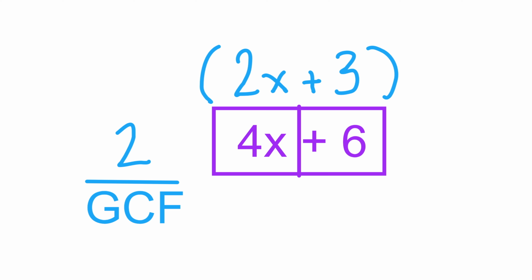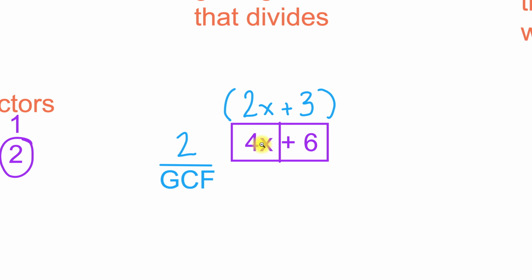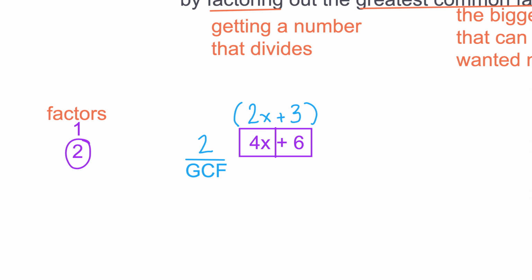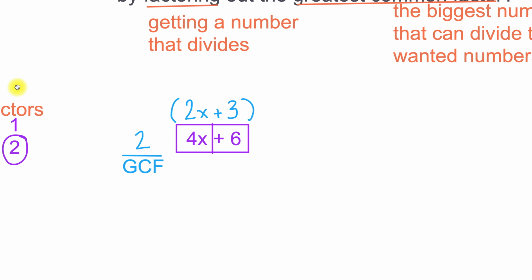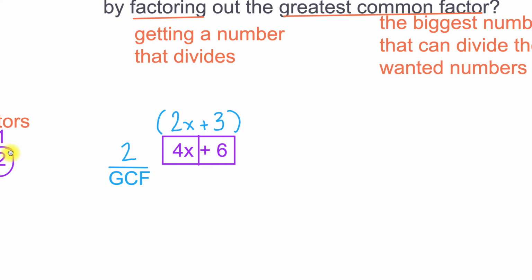So our final answer, zoom back out, is going to be written as the following. We're going to put our GCF first, which is 2. But the equivalent expression is 2 parentheses 2x plus 3.